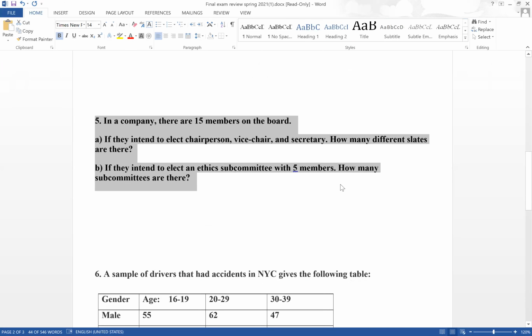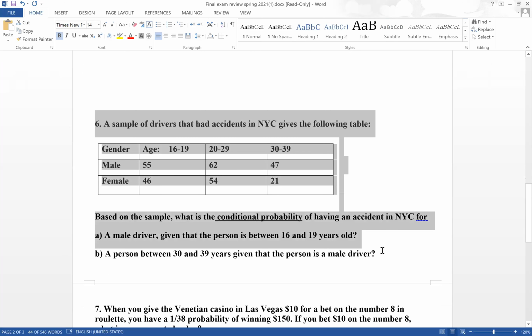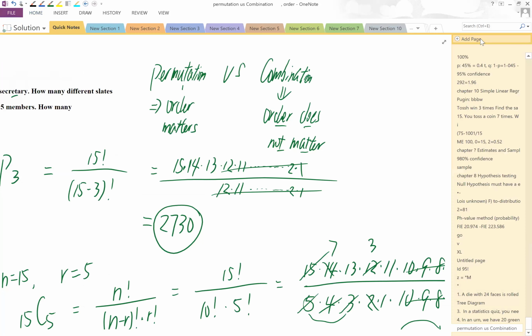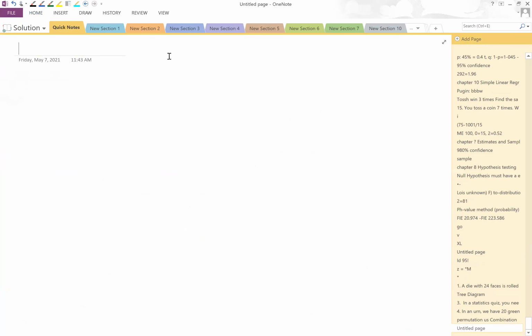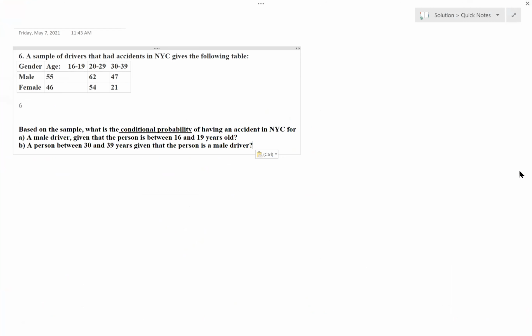So this is question 5. Question 6 is about conditional probability. And let's look at it, and try to understand the essence of the conditional probability. So this one is a 2x3 contingency table.